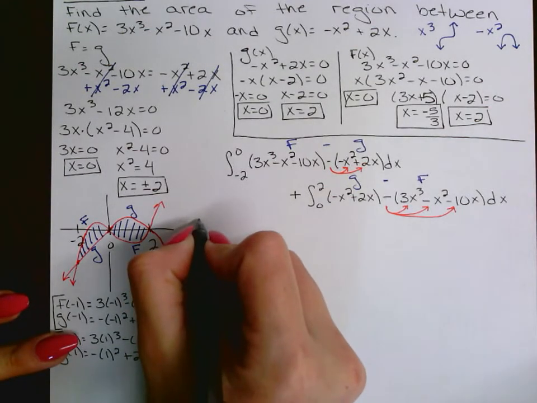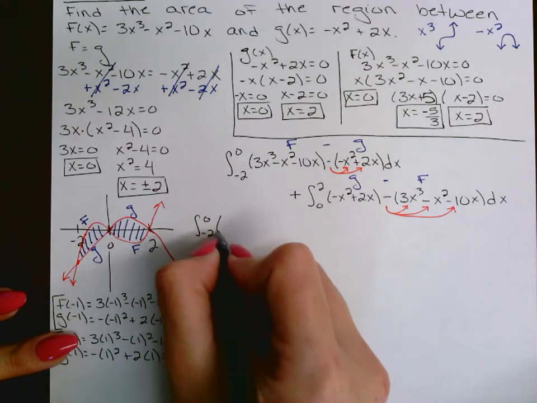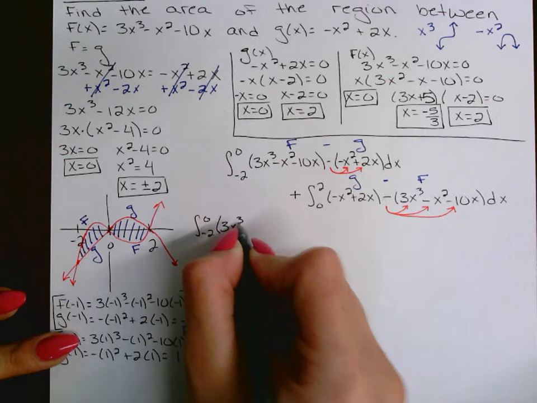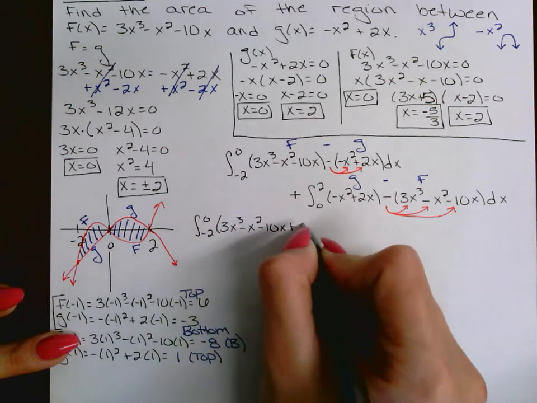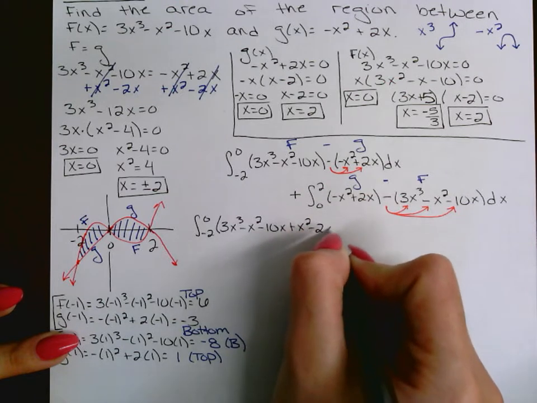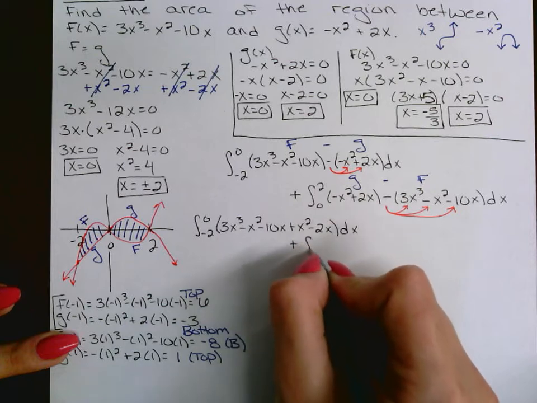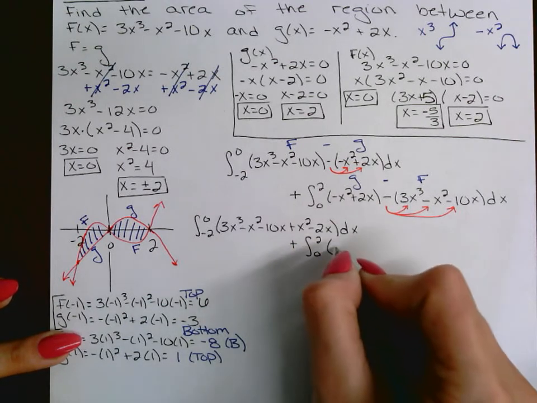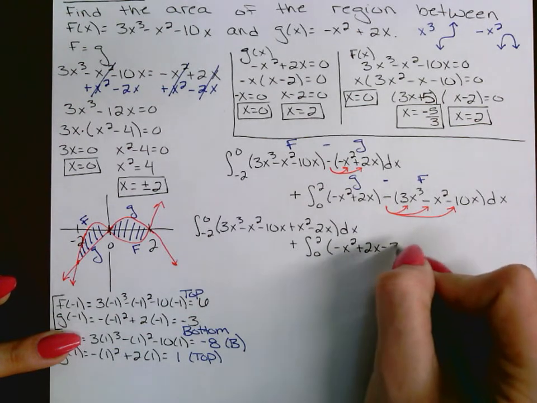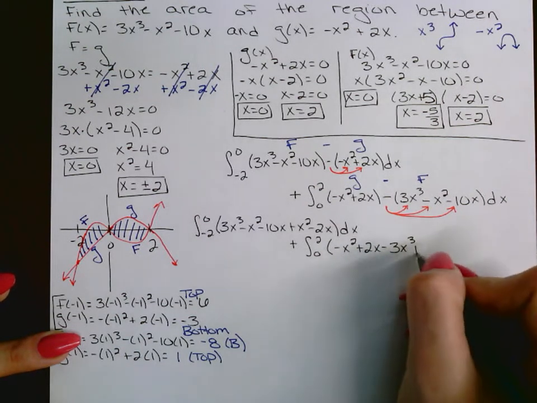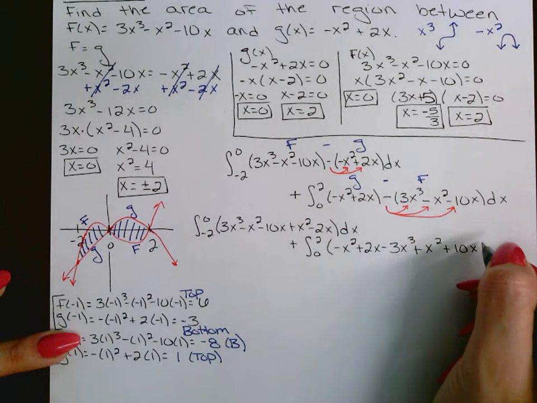So I have my first one from -2 to 0. All right, all I did was distribute my negative here.